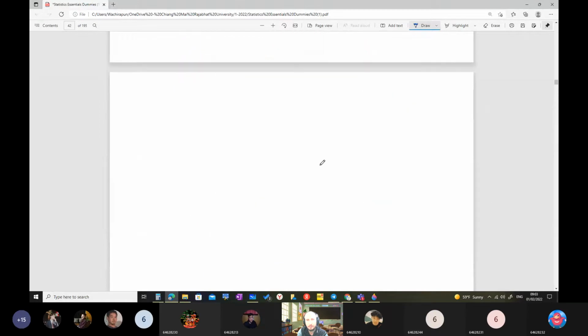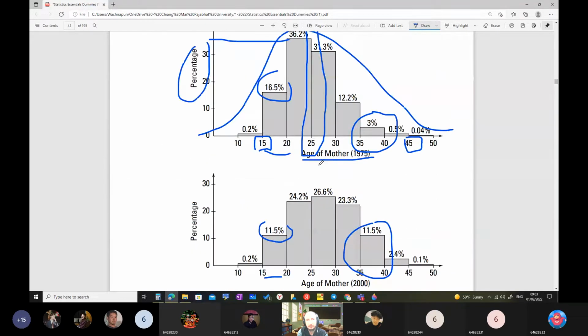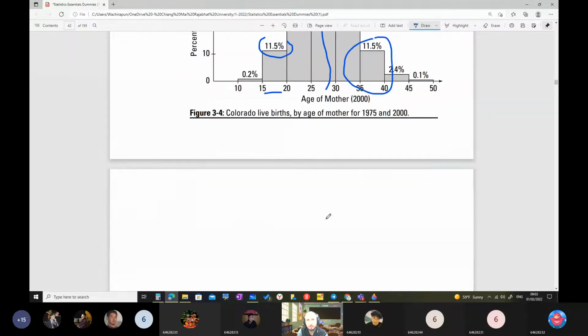Yes, 10 to 50. Where's the center, right? So center is here now. Center moved, so women get older and have a baby, right? So this is a comparison from 1975 to 2000.